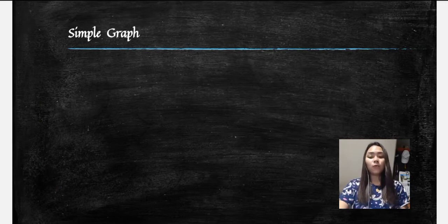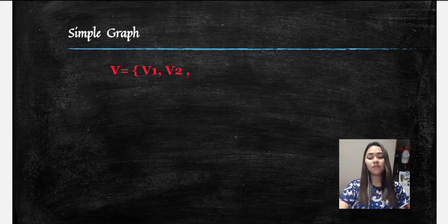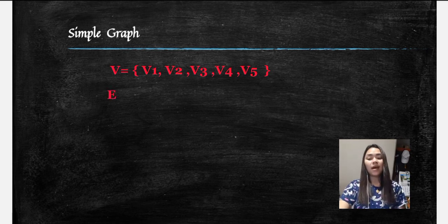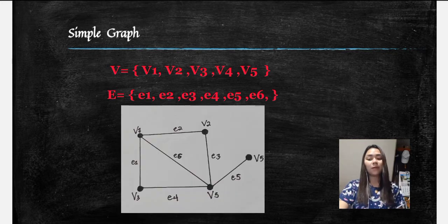Now, we'll see how we can draw a simple graph and a multigraph. Suppose we have 5 vertices, named v1, v2, v3, v4, and v5. So we may draw 5 points for v1, v2, v3, v4, and v5. Now, we have edges e1, e2, e3, e4, e5, and e6. This is a simple graph which has 5 vertices and 6 edges.